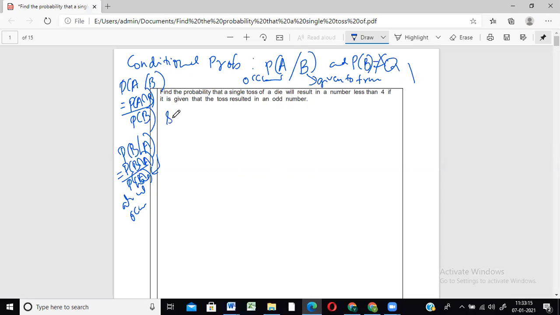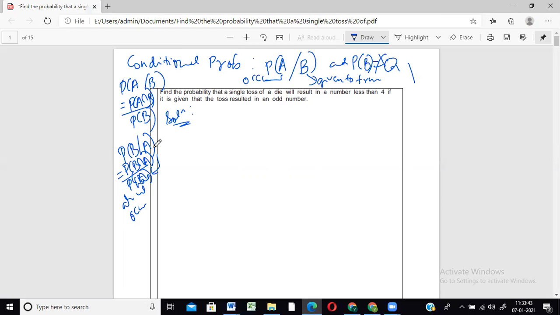We'll continue. Find the probability that a single toss of a die will result in a number less than 4, if it is given that the toss resulted in an odd number. So first, we have to write it correctly.